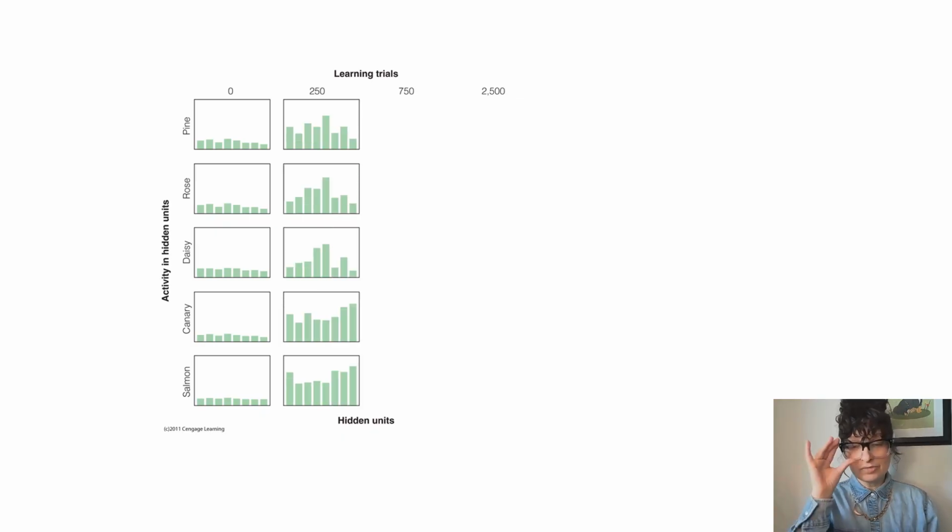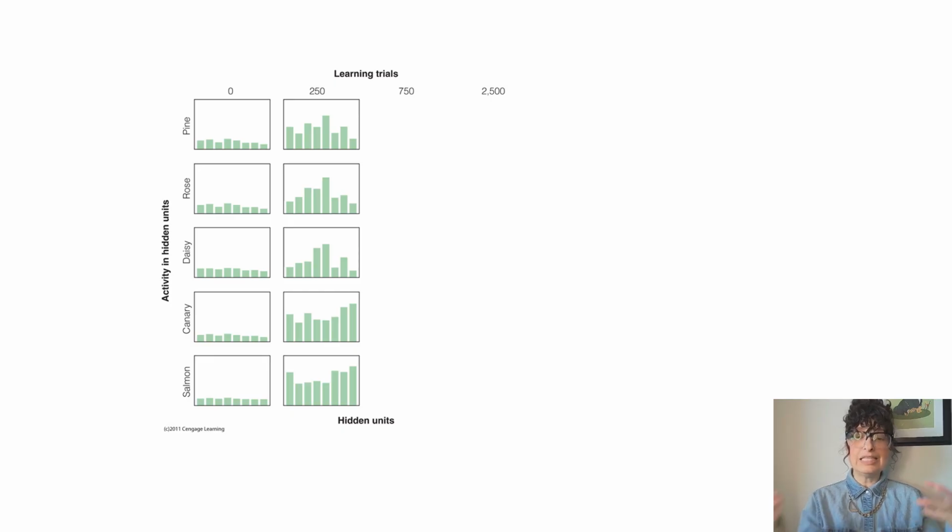After 250 trials of showing it various images of pines, roses, daisies, canaries, and salmon, and allowing the system to guess what it's looking at, and then giving it feedback, you start to see change in the patterns of activation.